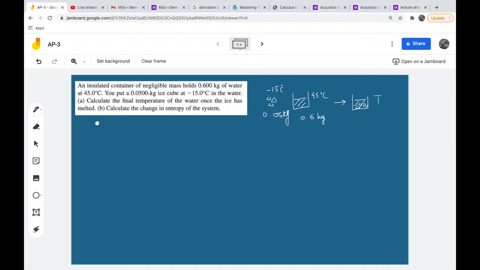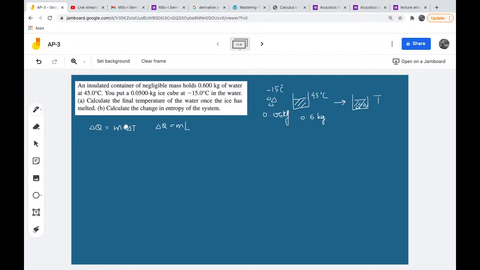If there is a change in temperature, then the formula we normally use is dQ equals m c delta T. And if there is a state change, then the formula we normally use for the heat absorbed or given out is Q equals m L, where the symbols have their usual meaning.